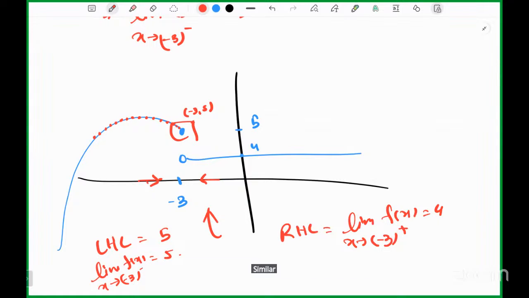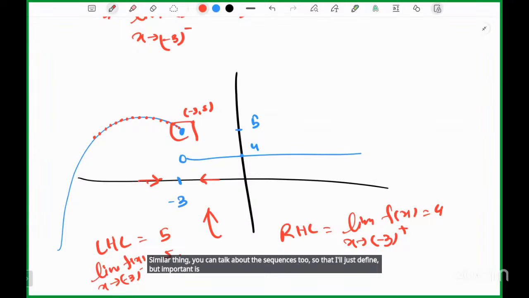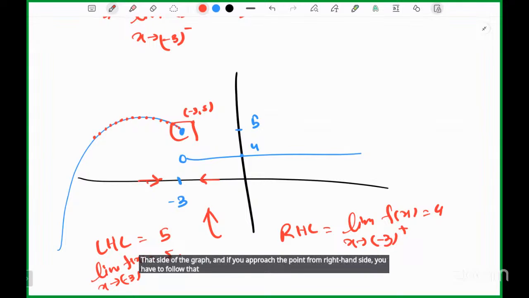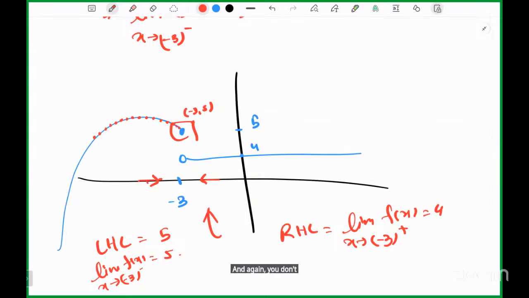A similar thing you can talk about for sequences too, which I'll define later. But what's important is understanding this. As you approach a point from the left hand side, you have to follow that side of the graph, and if you approach the point from the right hand side, you have to follow that side of the graph. And you don't have to worry about where the function exactly goes.